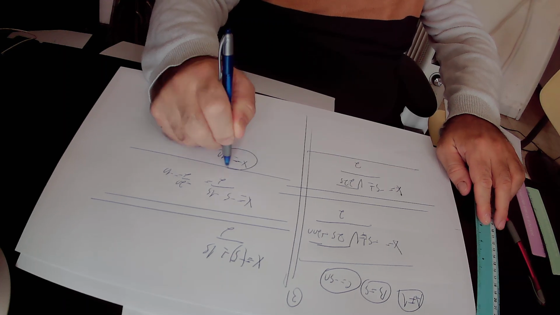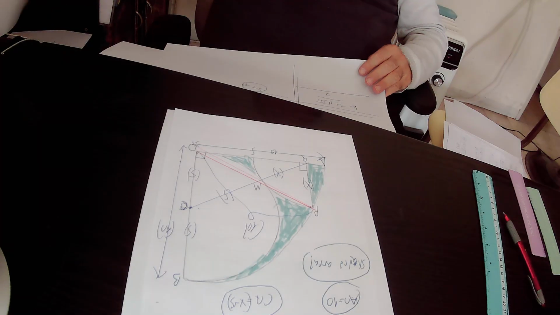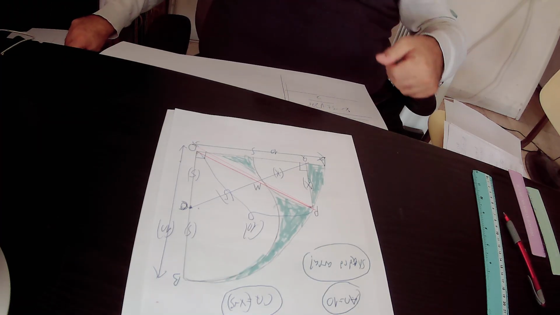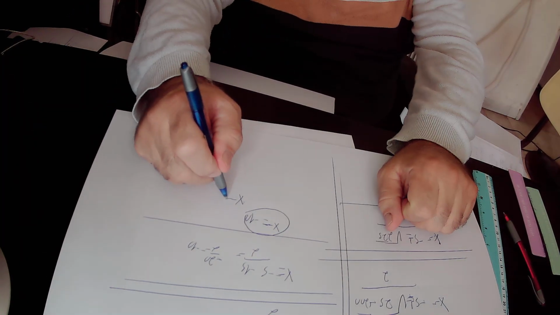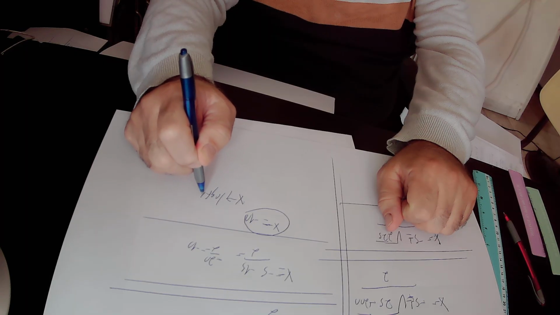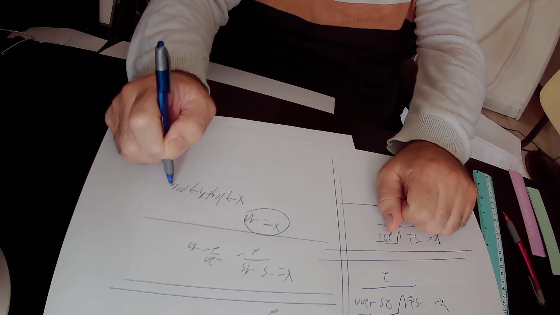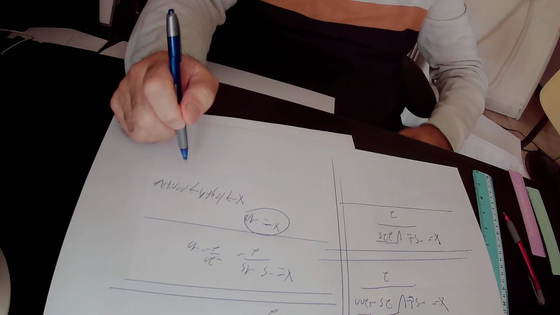But because x is the radius of this small quarter circle, x is a length, and as a length it must be a positive number. Therefore, x can never be equal to minus 10, that is a negative number.